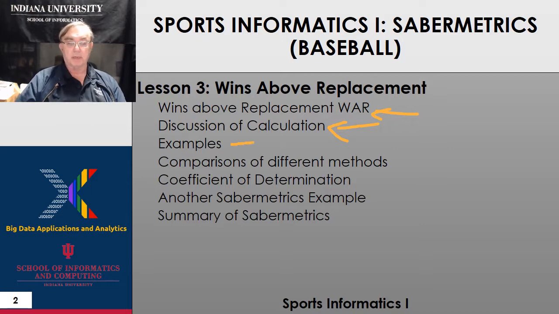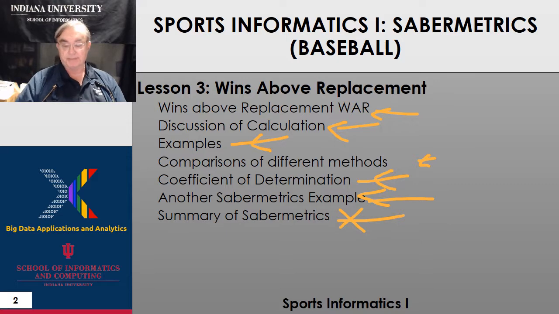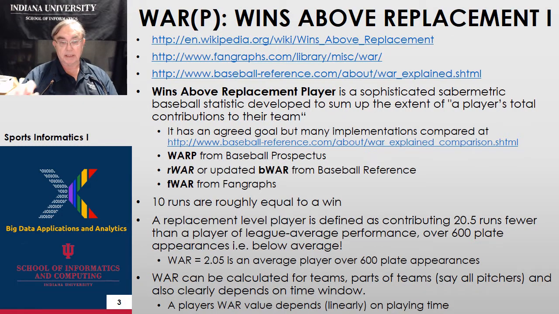We give some examples of real people. We compare different methods. We have a little aside on statistics about the coefficient of determination. We look at some fancy sabermetrics example I found in a paper, and then we end up with a summary of what we've learned so far. So that's lesson 3, wins above replacement.